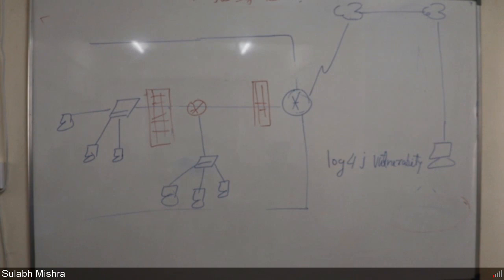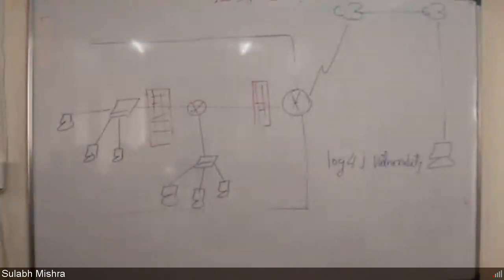There might be some weaknesses where an attacker can take advantage and exploit it. Exploiting means taking advantage of a vulnerability. That we call exploitation. What is vulnerability, exploit, and threat? You go through it, you write it.